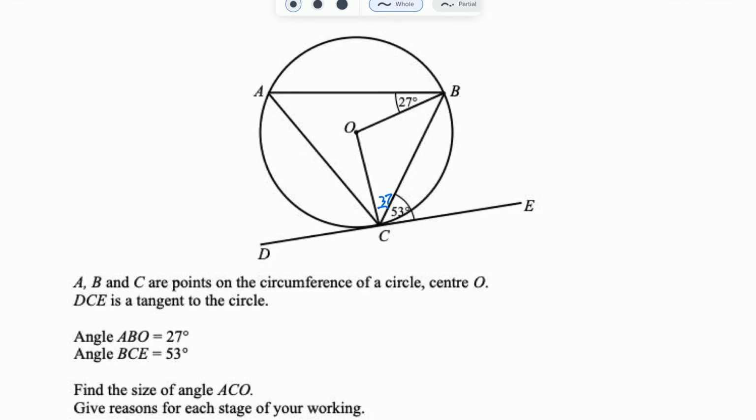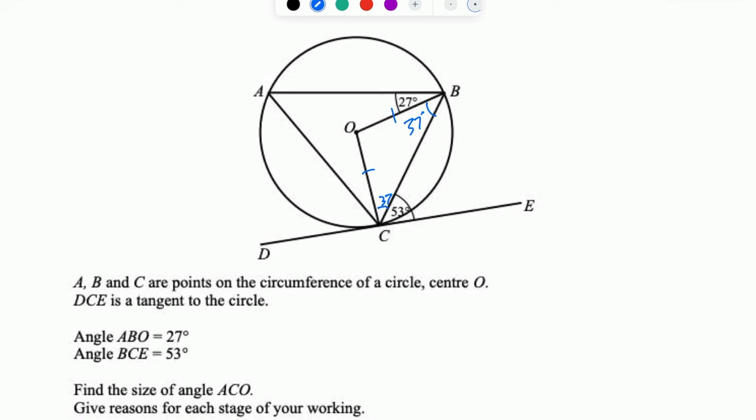Okay? And the other thing I can already think about is the fact that this is an isosceles triangle, because the line from the center to the circumference is always the radius, so that's 37. Now, the other theorem I can straight away think of is the alternate segment theorem. And that tells me that the angle between the radius, the tangent and the chord is equal to the angle in the alternate segment.